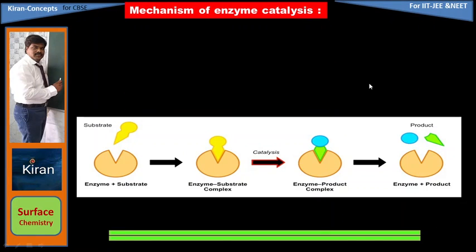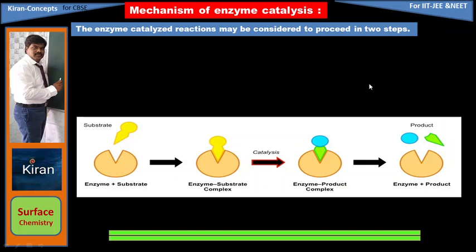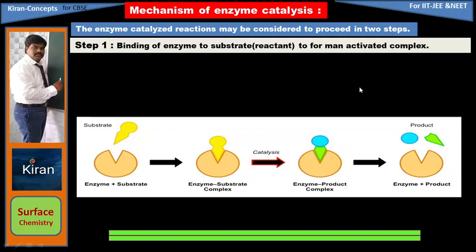Mechanism of enzyme catalysis. The enzyme catalyzed reactions may be considered to proceed in 2 steps. Step 1: binding of enzyme to substrate to form an activated complex. Enzyme and substrate both combine to form an activated complex first.